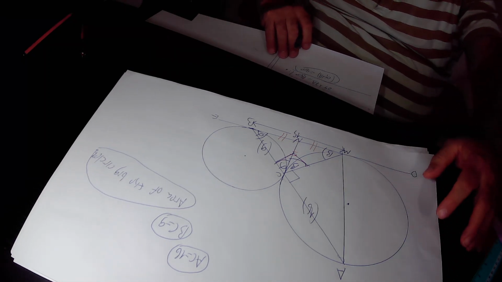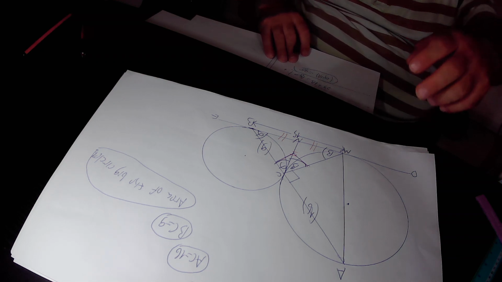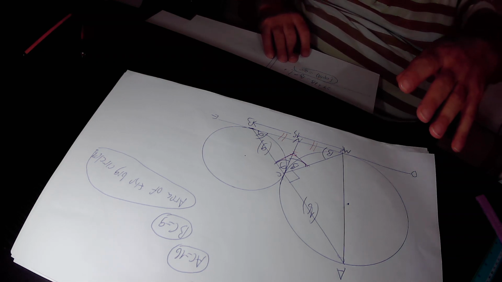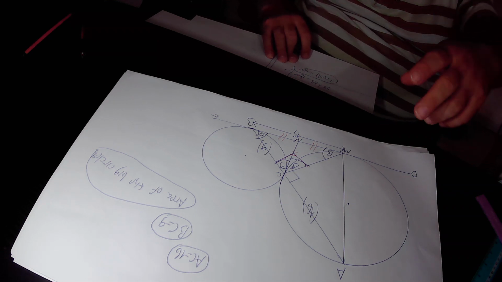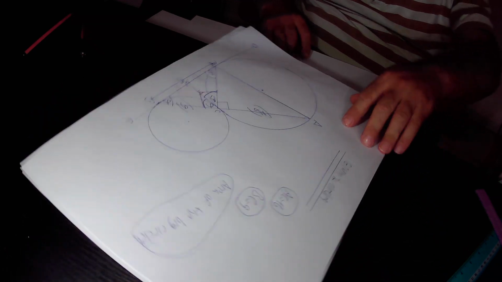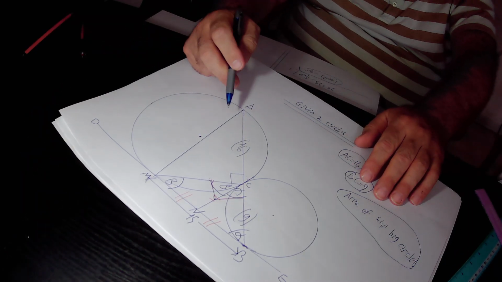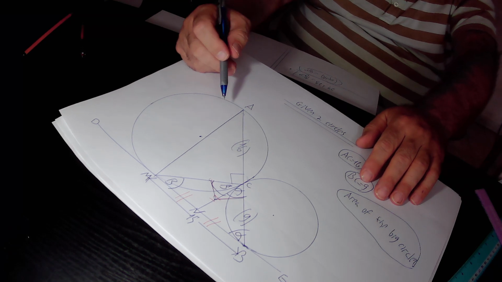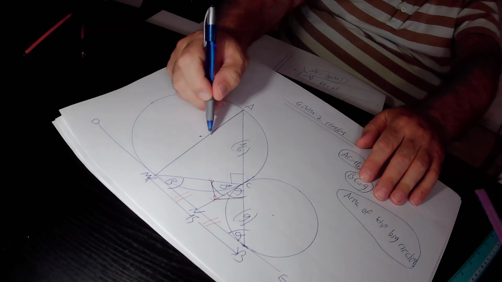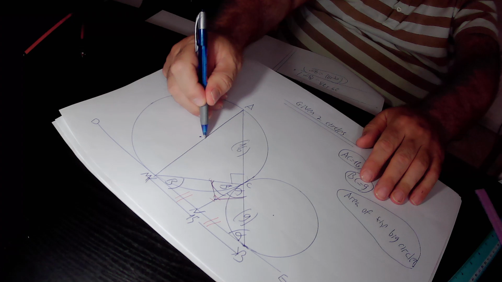We also know that the center of any circle must be located on the diameter of the circle. Again, the center of any circle must be located on the diameter of the circle. And because AM is the diameter of this big circle, the center of this big circle must be located on AM. So here, this is the center of this big circle.